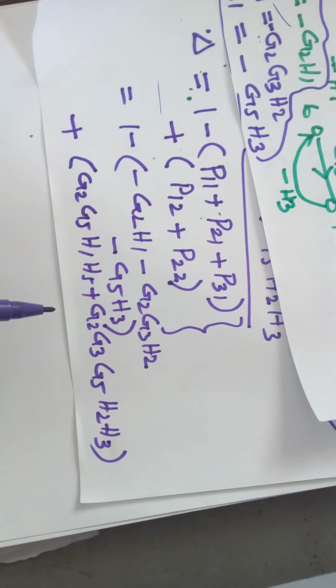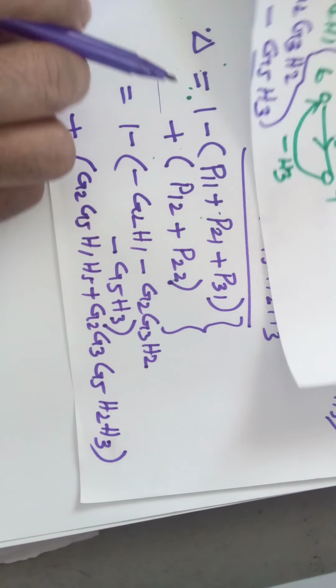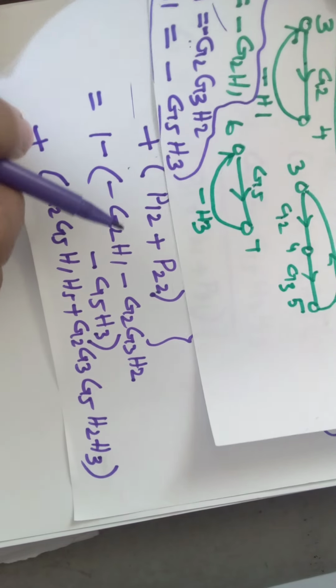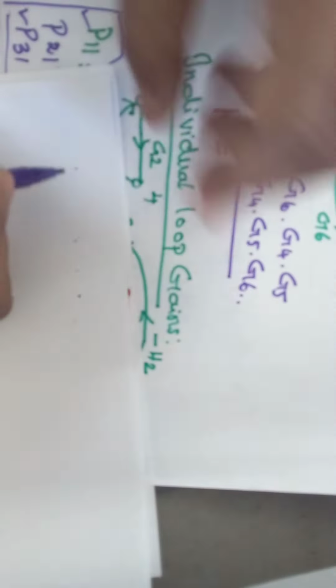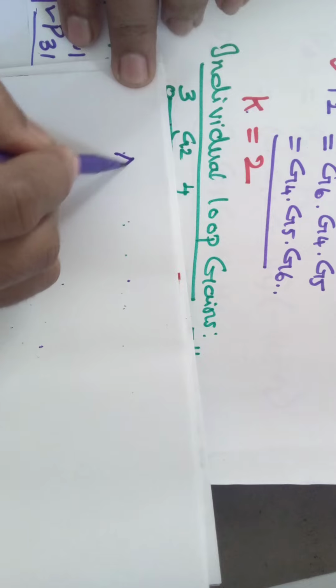Next, delta 1 and delta 2 you need to calculate, so that the final value of delta will be equal to this.